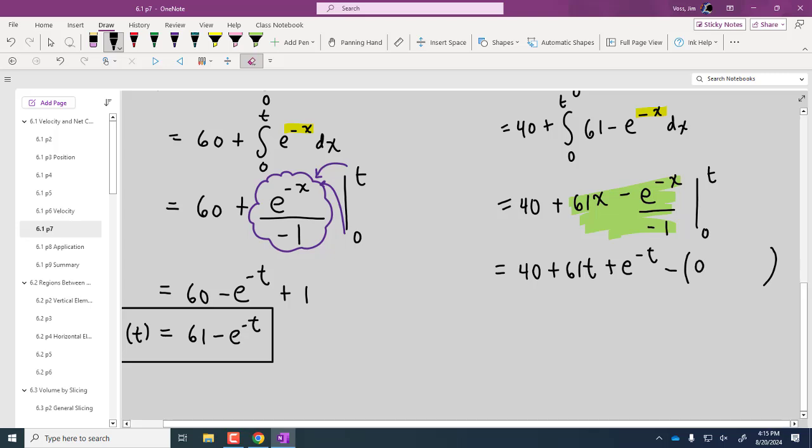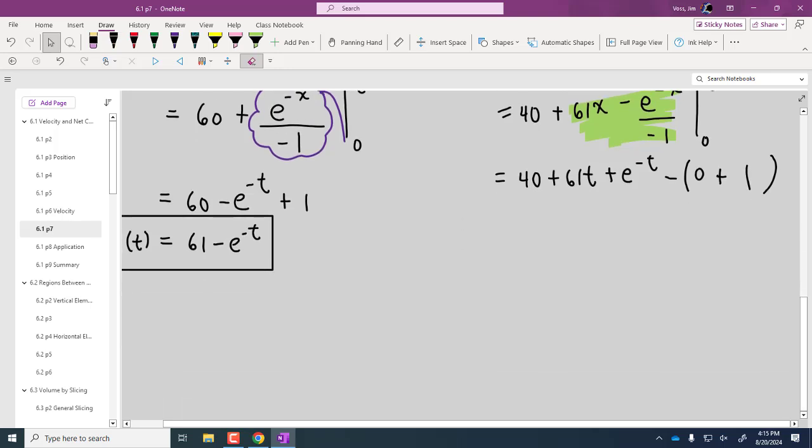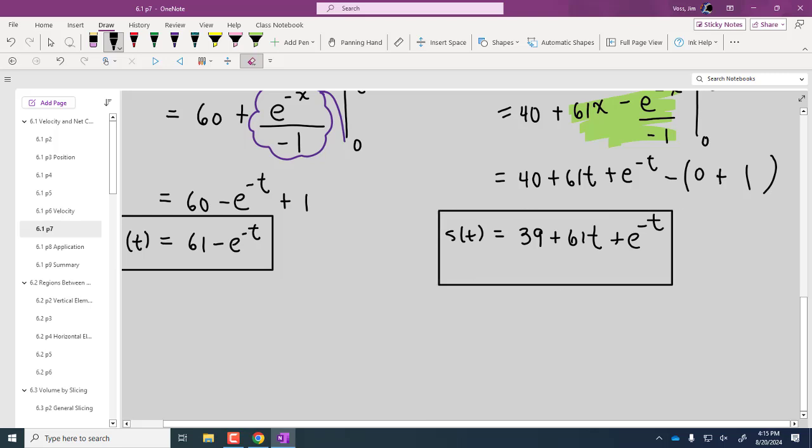So 0 plus e to the 0, which is 1. So then our final answer, that's going to be a negative 1, so we end up with 39 plus t plus e to the minus t. That is our position at time t. That was our ultimate goal, finding position at time t.